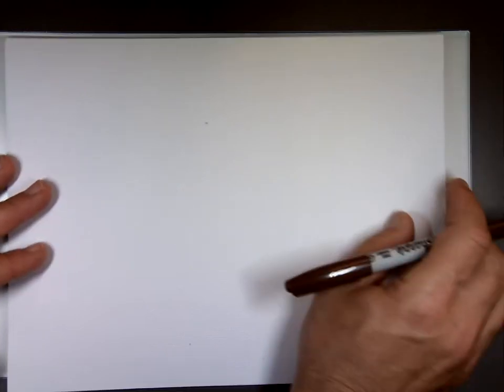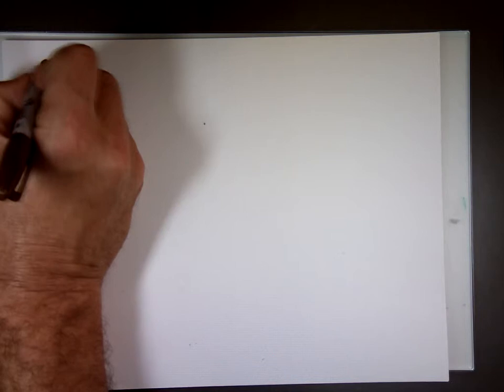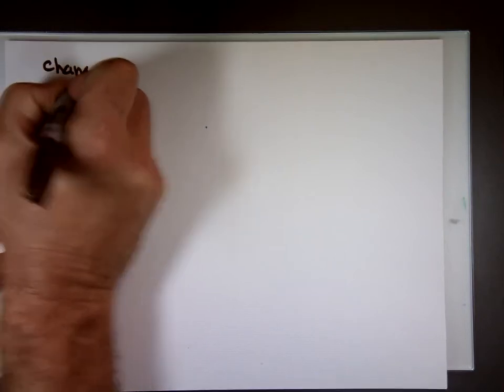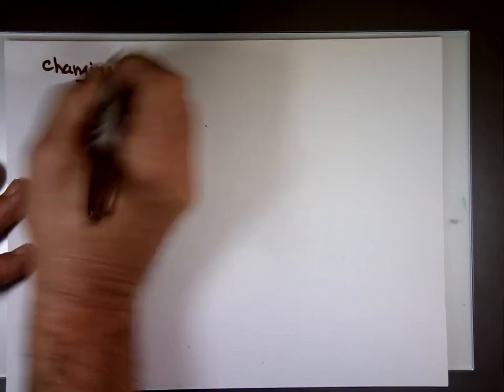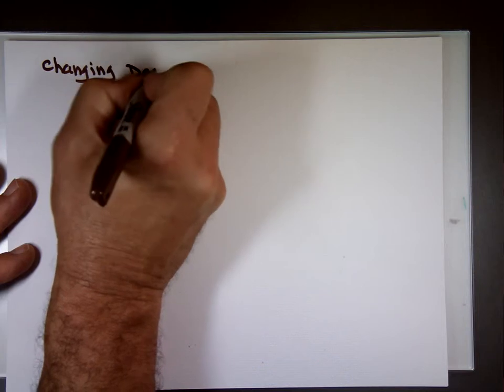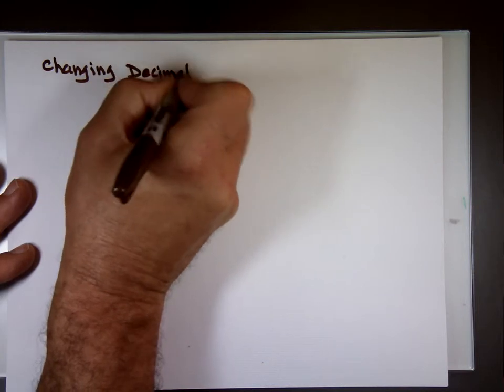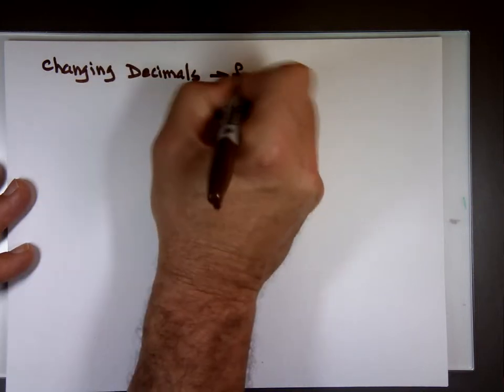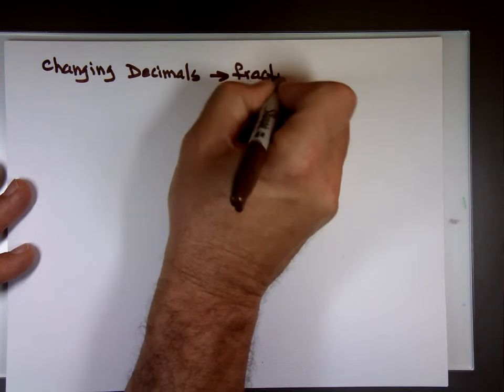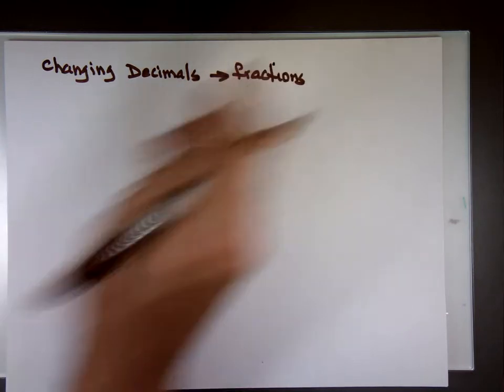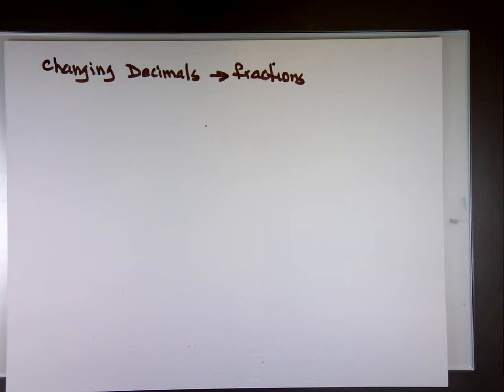First, before we do that, let's talk about how we change decimals to fractions. We're going to take decimal numbers and change them to fractions.